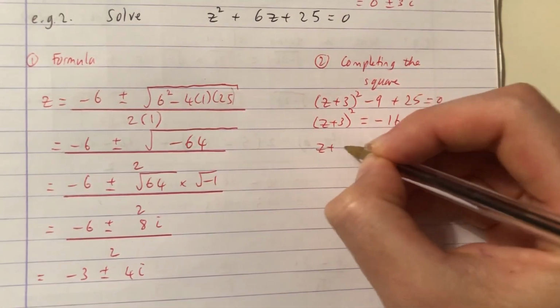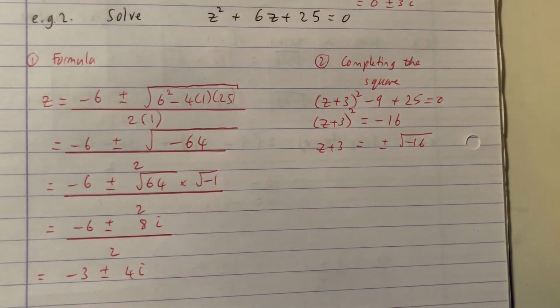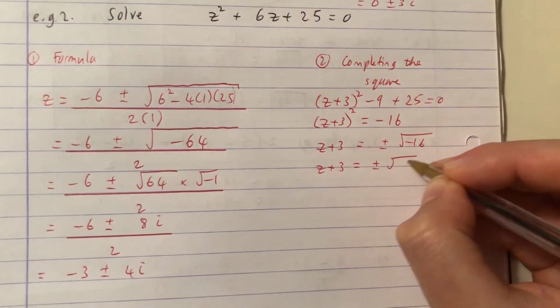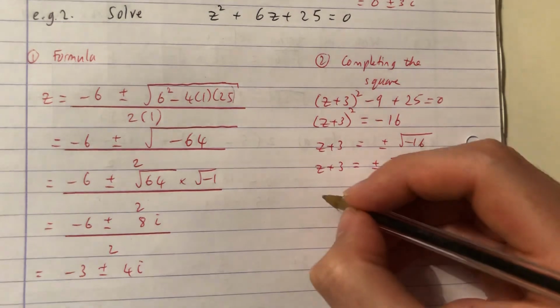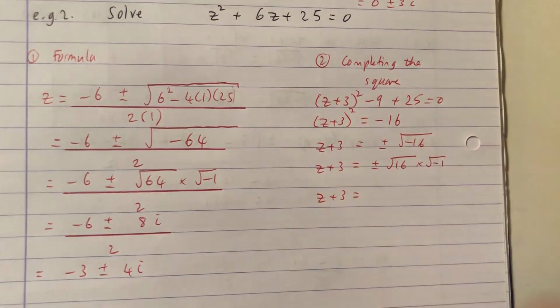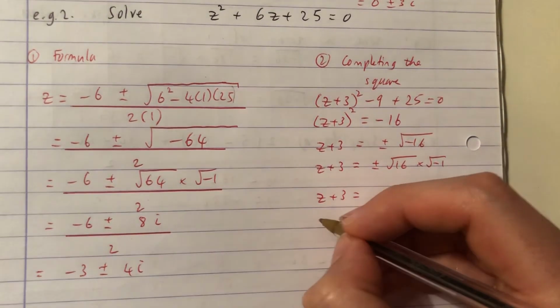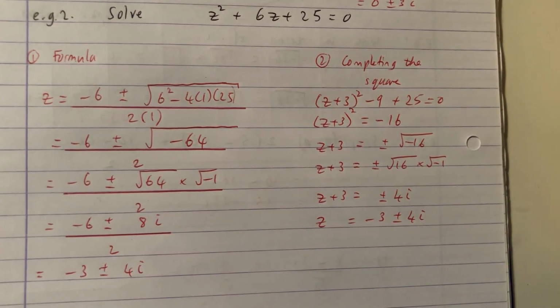Then you square root both sides to get plus or minus root negative 16, which you can now evaluate. It is plus or minus root 16 times root negative 1, which is plus or minus 4i, and if you make z the subject, you get minus 3 plus or minus 4i as expected, so both answers match up. So either I've done it wrong twice and coincidentally came up with the same answer, or they are both right.